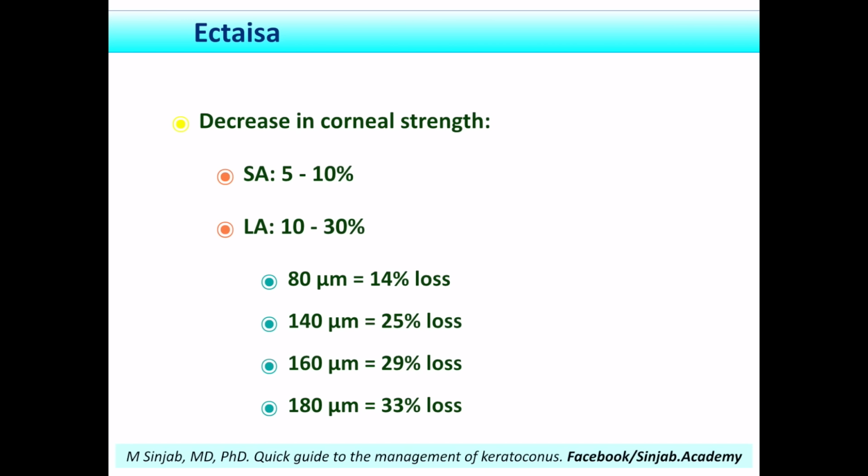But if we go for the lamellar ablation, like LASIK and femtoLASIK, the reduction will be between 10 to 30%. And this depends on the thickness of the flap. When we have an 80 microns flap, the reduction is about 14%, while if we have a very thick flap, such as 180 microns, then the loss will be about 33%.